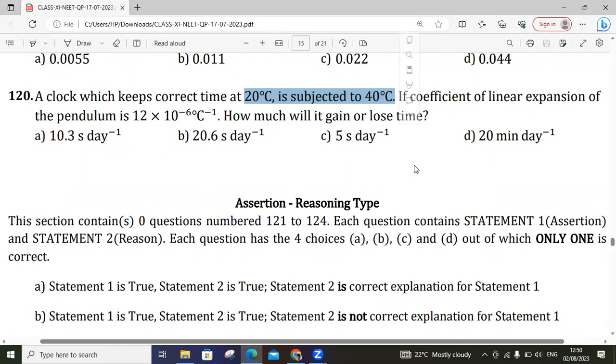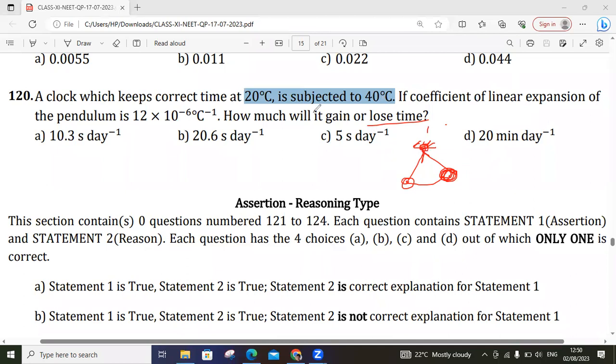So it will move slowly now. I will draw it. It's a pendulum. It was supposed to go from here to here in 1 second. Now it will take more than 1 second, so it will lose time.